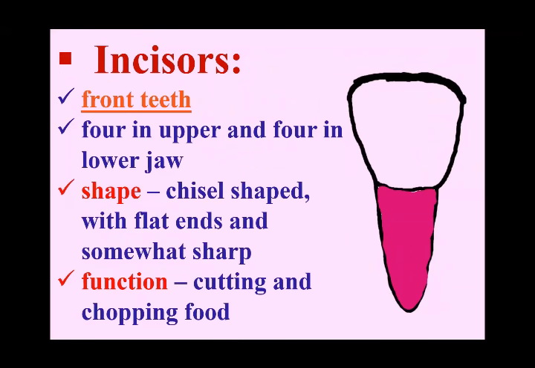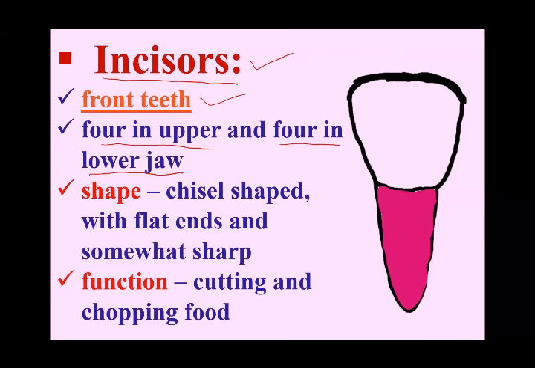The first type of permanent teeth is the incisor. They are present in the front part of the teeth, meaning in the jaws, the teeth observed in the front part are incisors. The number is 4 in the upper jaw and 4 in the lower jaw.